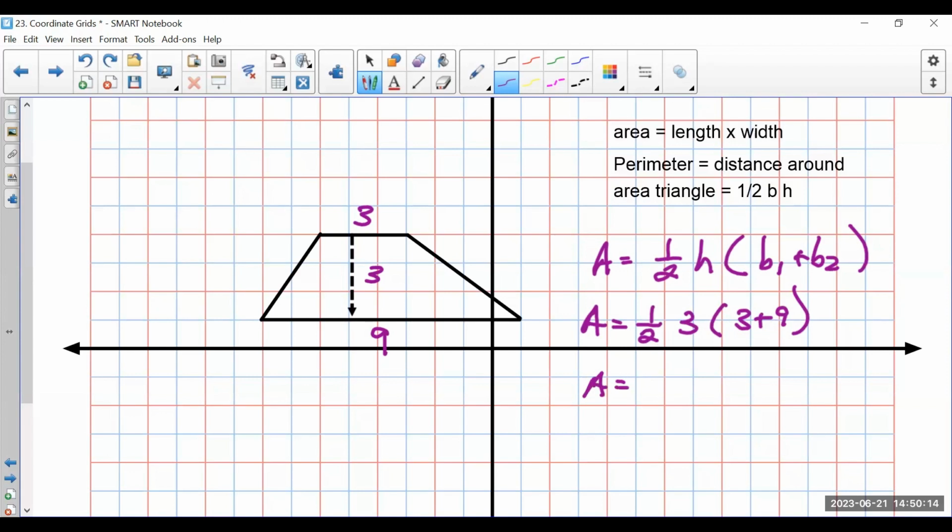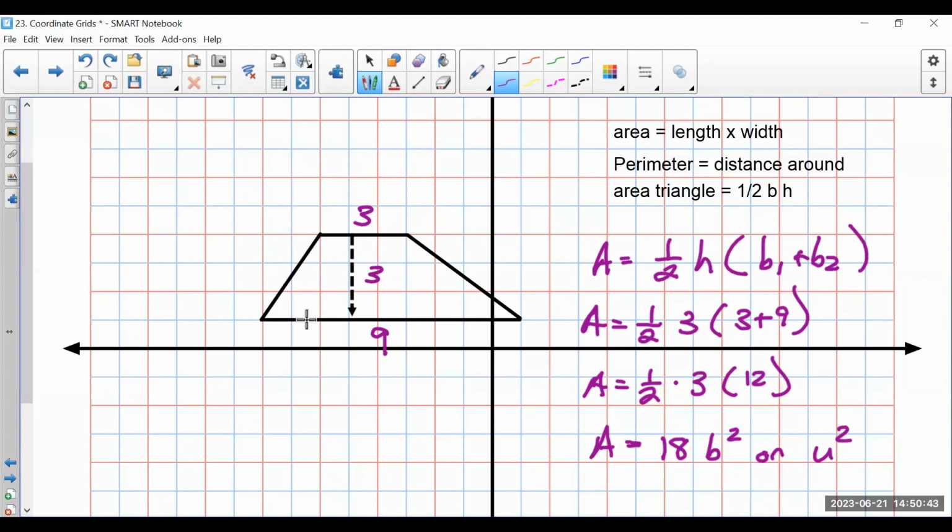So area equals 1/2 times 3 times 12. I would do half times the 12 first, using the associative property. Half of 12 is 6. 6 times 3 is 18 units squared, centimeters squared, whatever you want to call it. It's something squared because it's area.